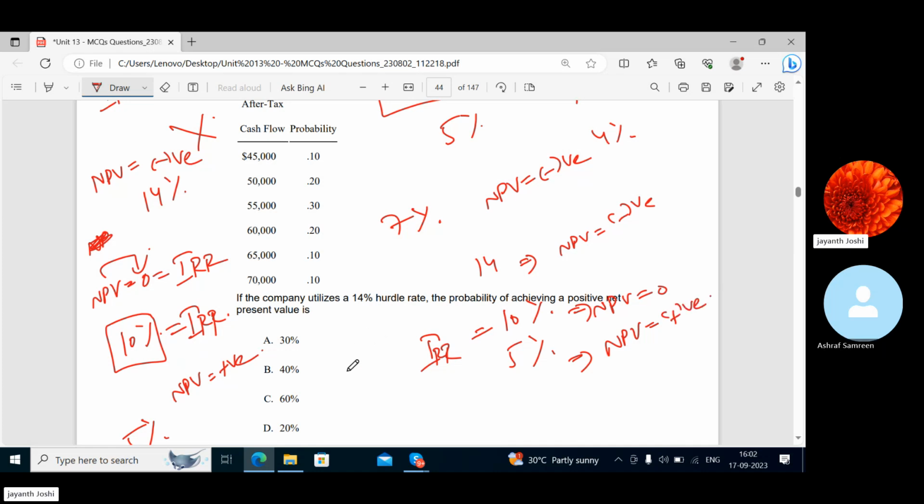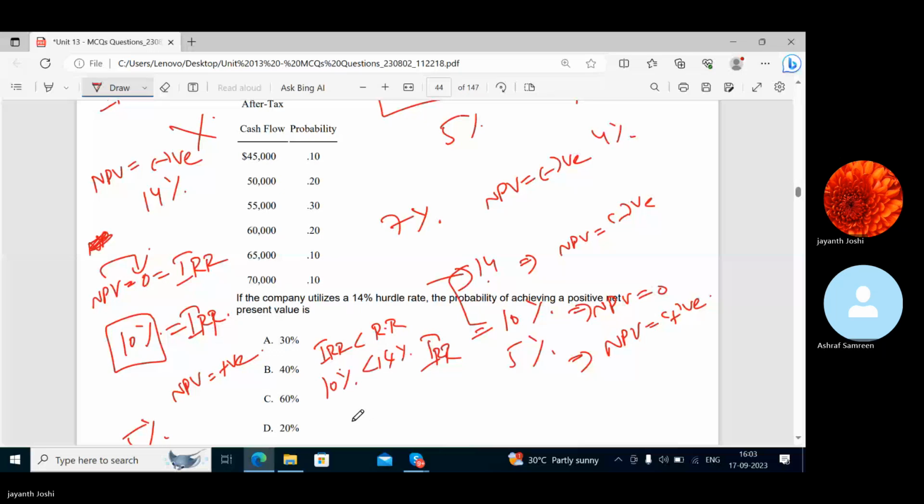So if your IRR is less than your required rate of return, let's say your project's cost of capital is 14% and your IRR is less than this, are you accepting the project or not? If your IRR in this case, which is 10%, is less than 14%, will you accept or not?